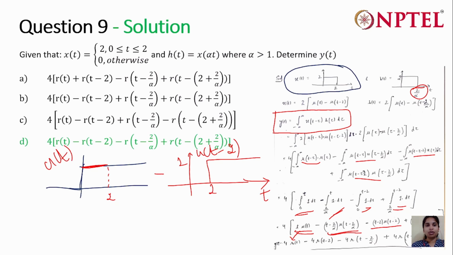So the trick followed here is to express x of t and h of t in terms of unit step functions and then use the usual convolution formula. The integration is very simple, since you just have a product of unit steps, and we can find the limits based on the unit steps and arrive at the solution.